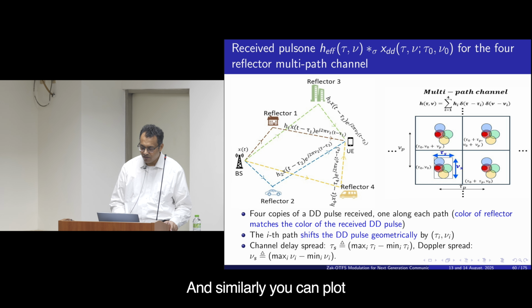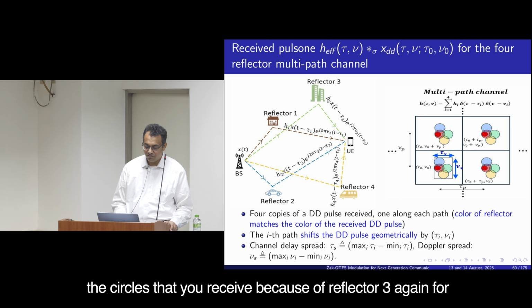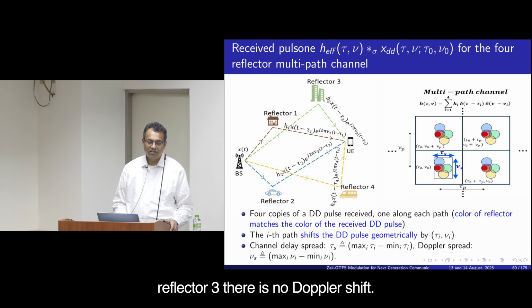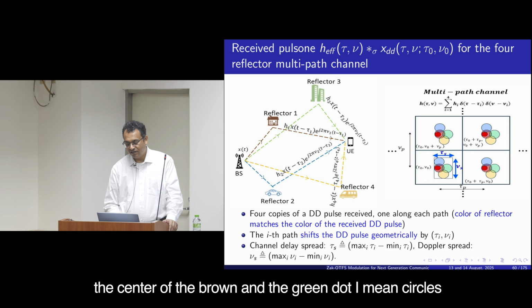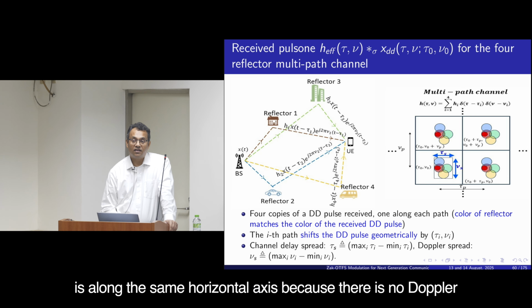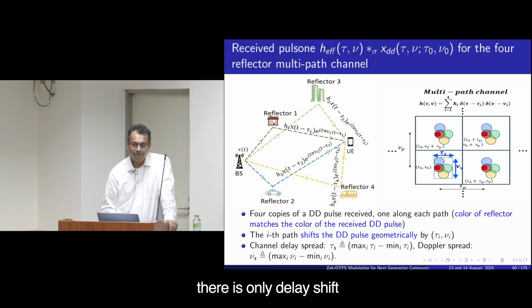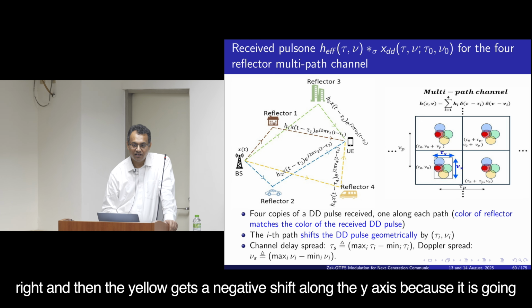And similarly you can plot the circles that you receive because of reflector 3. Again, for reflector 3 there is no Doppler shift. So the center of the red dot, the center of the brown and the green circles, is along the same horizontal axis, because there is no Doppler, there is only delay shift, right?